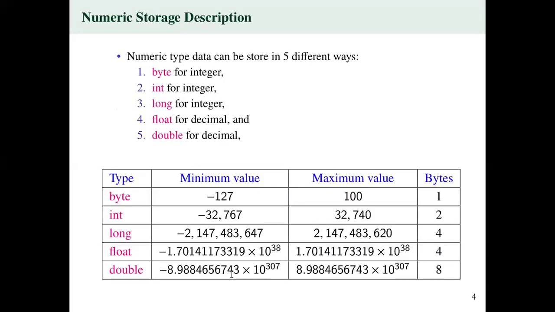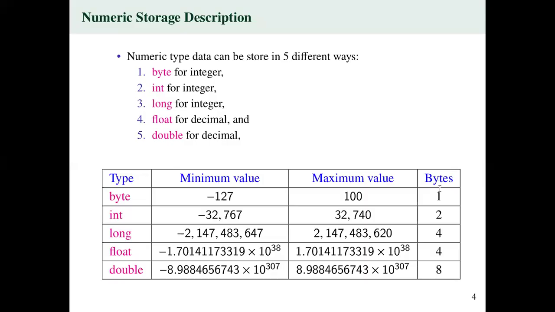So here, for numeric, we are talking about 5 kinds of numeric. Byte, int, and long, these 3 are for integers, while float and double, these 2 are for decimals. Now, why do we have 3 for integer?